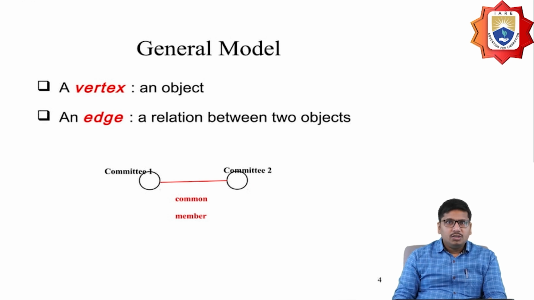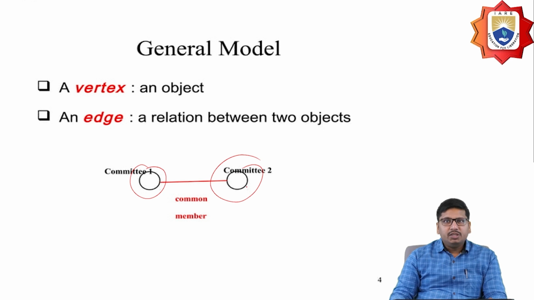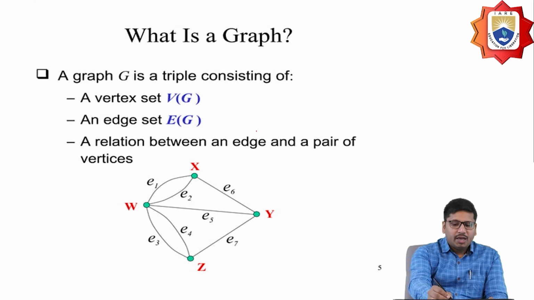In the general model, a vertex is nothing but an object, and an edge is nothing but the relationship between two objects. So what is a graph? A graph is a triple consisting of a vertex set, an edge set, and the relation between each edge and its pair of vertices.